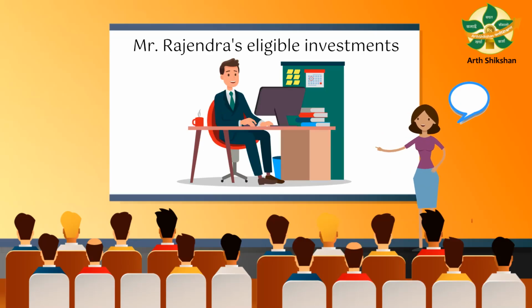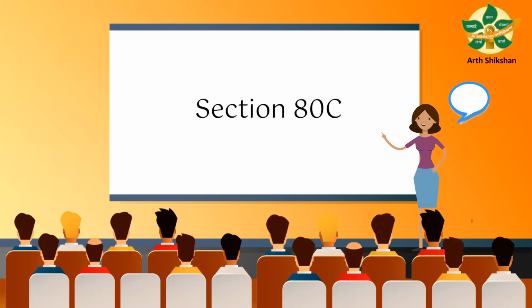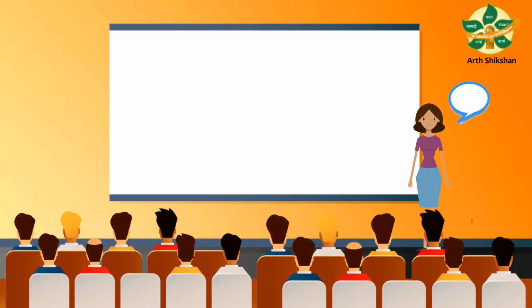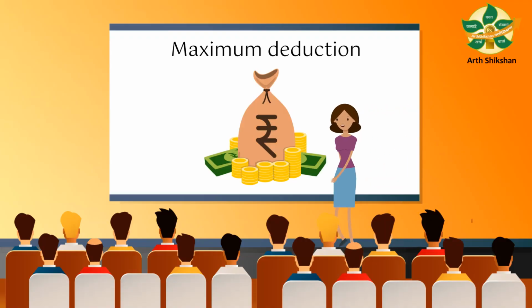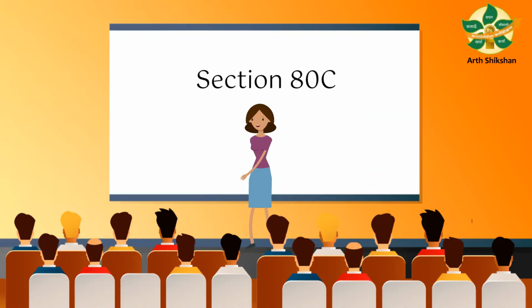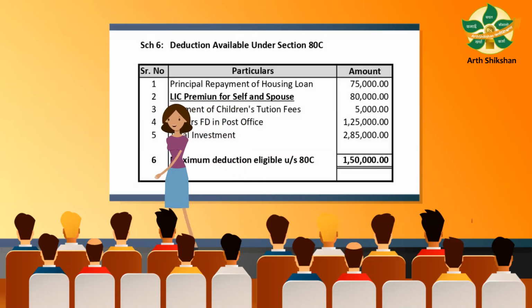However, in Mr. Rajendra's case, as shown in the computation sheet, his total eligible investments under Section 80C amount to Rs 2,85,000. Nevertheless, the maximum deduction allowed under Section 80C is limited to 1,50,000.